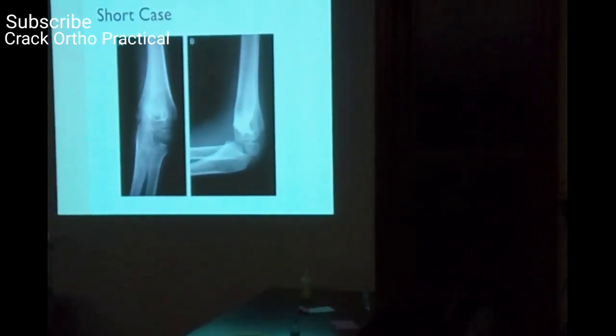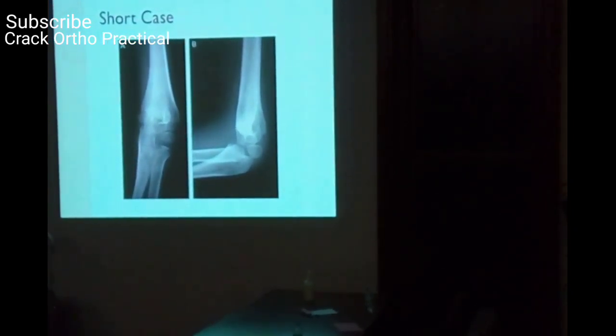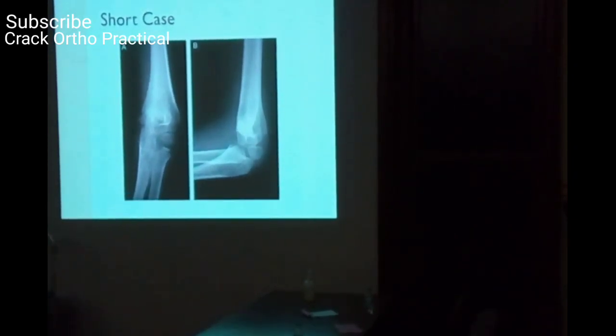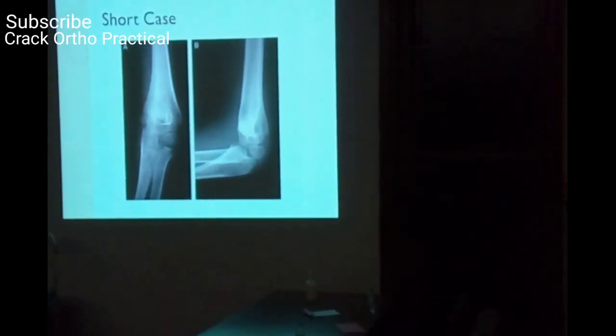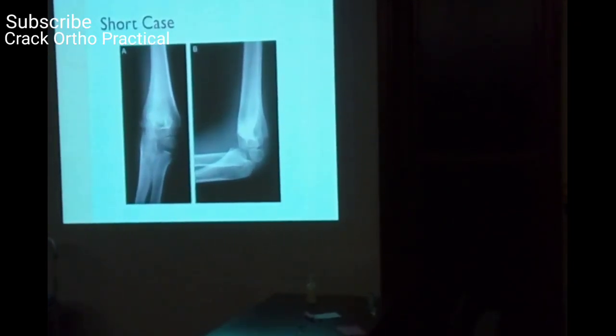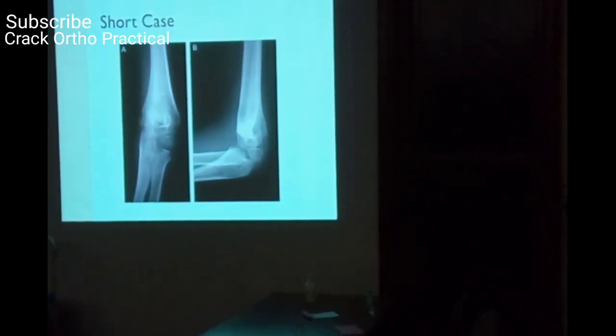So this is an AP and lateral view of the elbow joint with the distal part of the humerus and the proximal part of the forearm of a skeletally immature person. So there is increased soft tissue shadow that I can see on the lateral aspect of the X-ray, or the anterior part of the humerus.